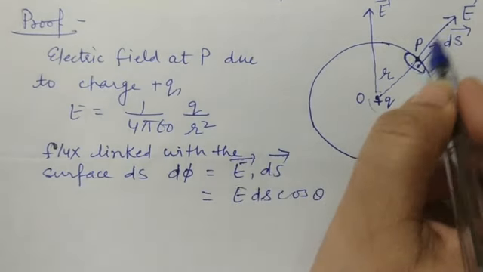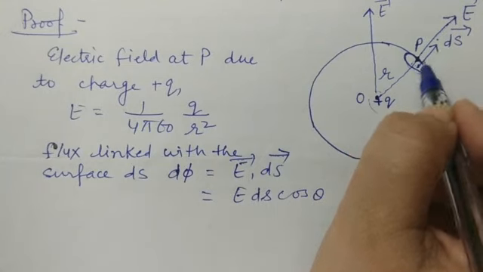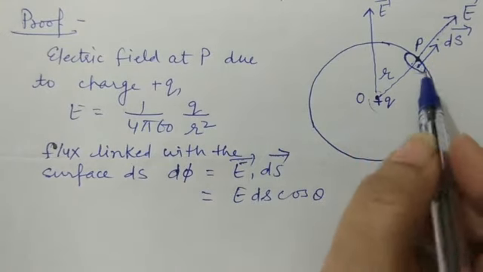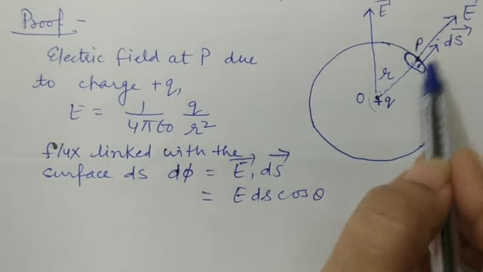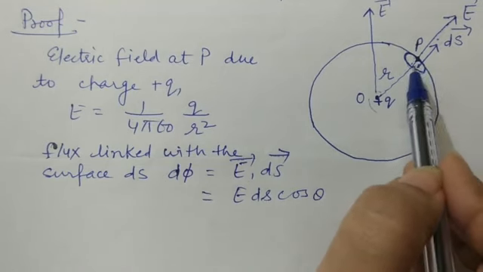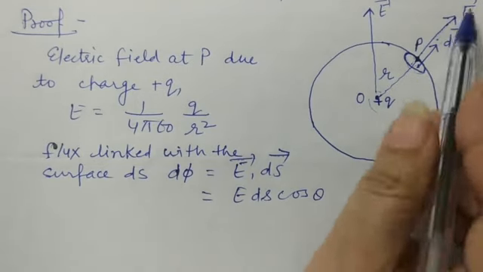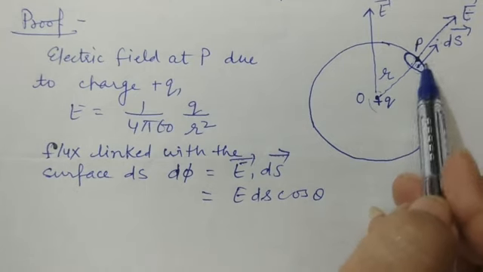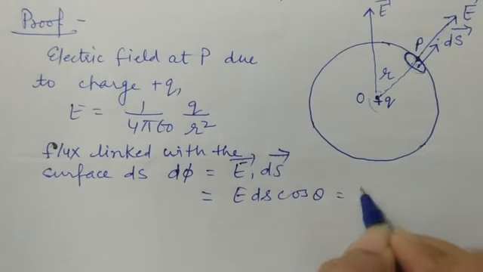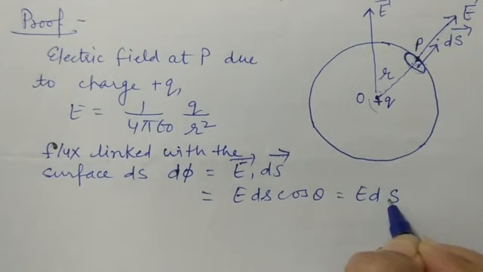We can see here theta is 0 because electric field and area vector both are in the same direction. On a sphere, the area vector on this area will be perpendicular, and electric field is also perpendicular to the surface, so they both have 0 angle. This is E ds.